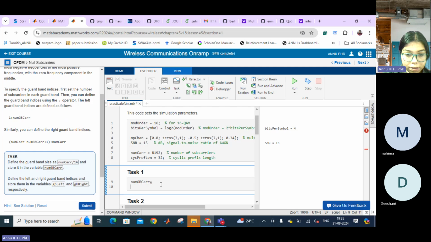Number of carrier was 1881 something, right? So define the left and the right carbon.